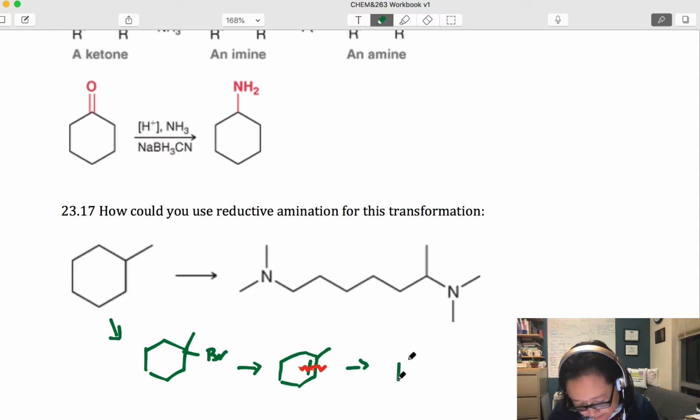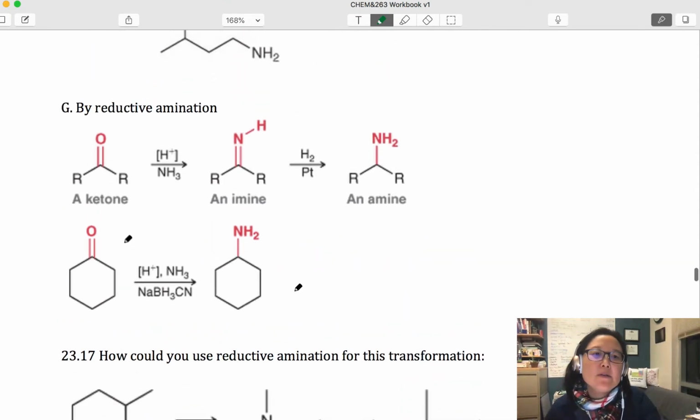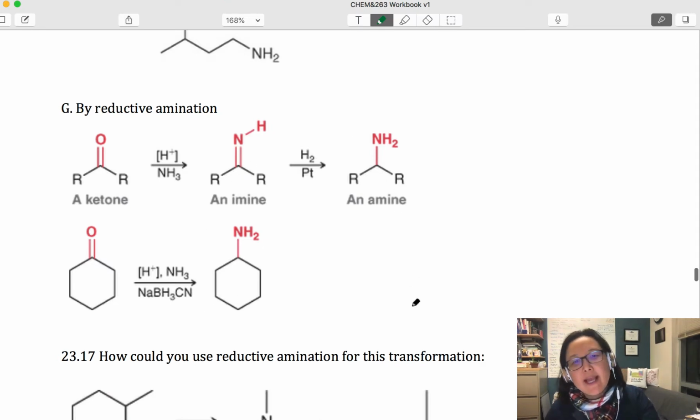Okay. So if we open that up, maybe we can make aldehydes or ketones or carboxylic acids. And you'd have to sort of decide. I think what we want to do is use ketones or aldehydes, and that way we can do the imine, which can be reduced to the amine.